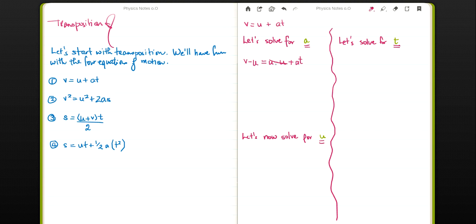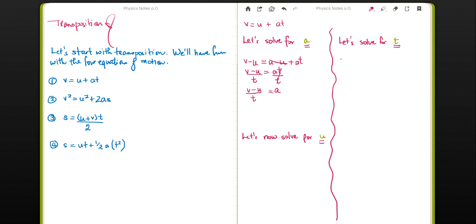This cancels out, and we're left with v minus u equals at. Now we're still solving for a, so we want a on its own, and since it's multiplied, divide this side by t, and whatever you do to one side, you do to the other side. Divide that side by t. Everything cancels out, and we have v minus u over t equals a.